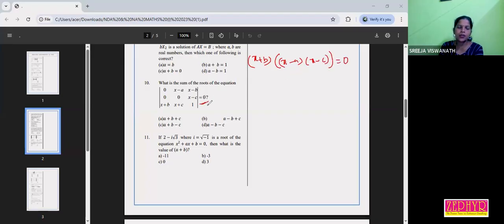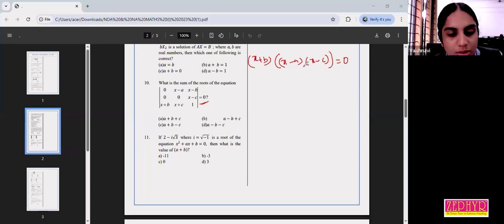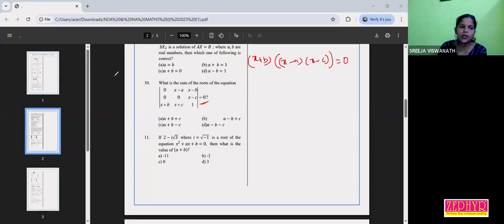The determinant value is equal to 0. While opening the determinant with the third row or first column, (x plus b) into (x minus a) into (x minus c) equal to 0. Is it right? You can open the determinant.